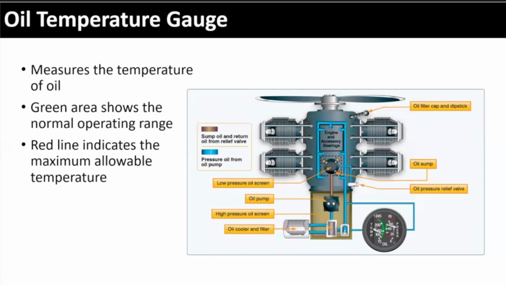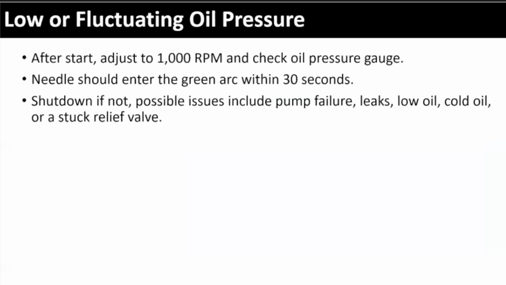Make sure not just your oil pressure, but your oil temperature is in that green range before you hit the runway. After start, adjust to 1,000 RPMs. That's on the checklist. Immediately, you should see that oil pressure gauge go to green.